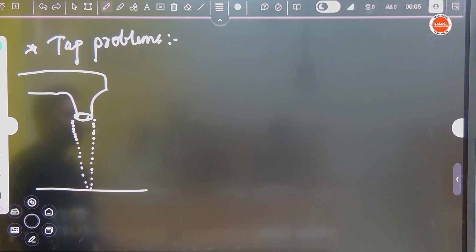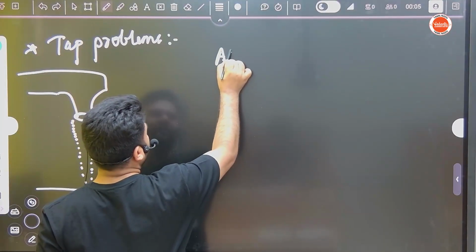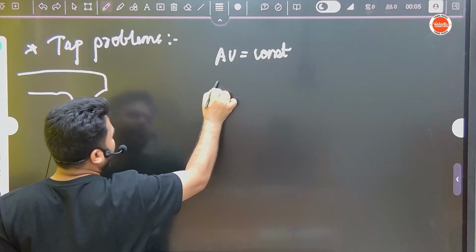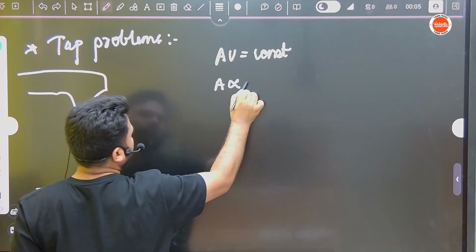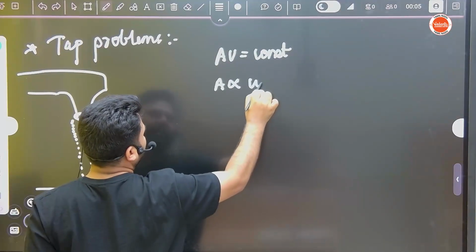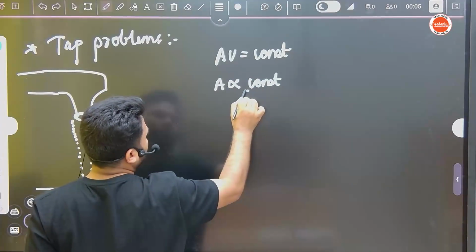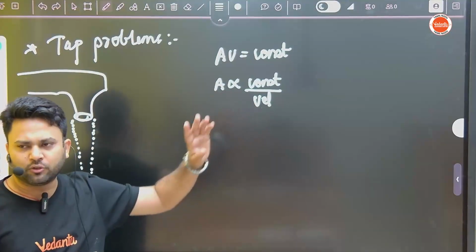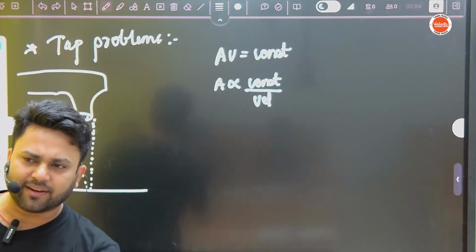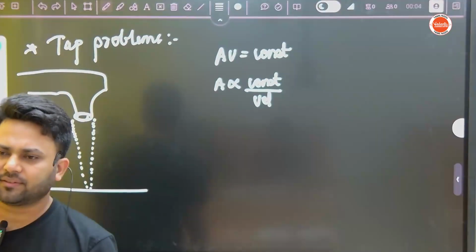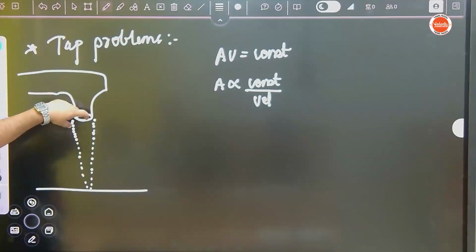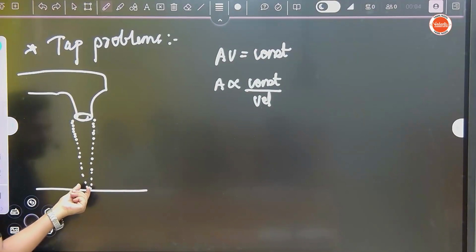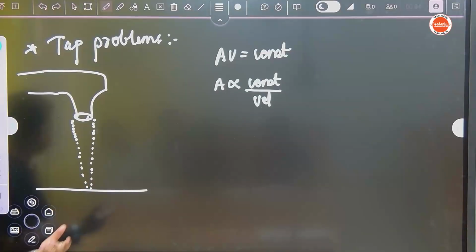Why does it happen? I told you that area into velocity is always constant. Area is inversely proportional to velocity, which means if velocity increases, area decreases. When the liquid comes down, its velocity will be more, so area will be less.